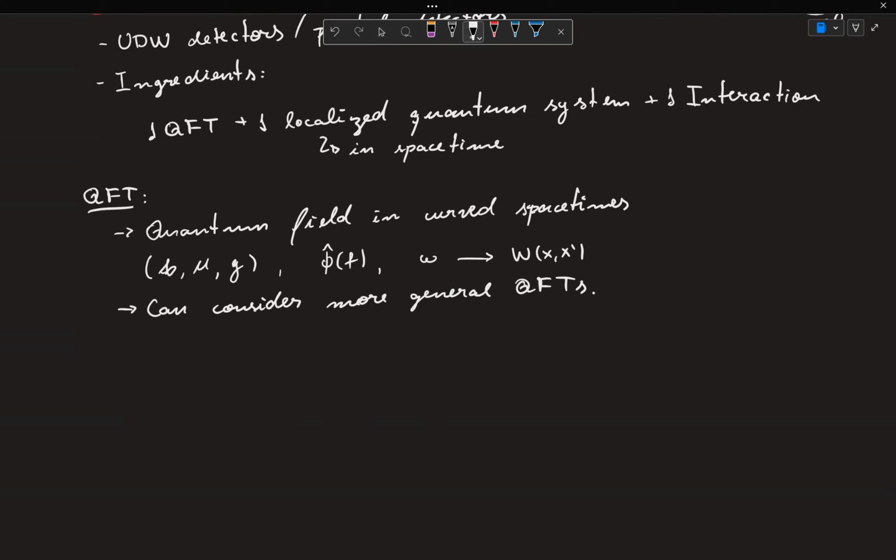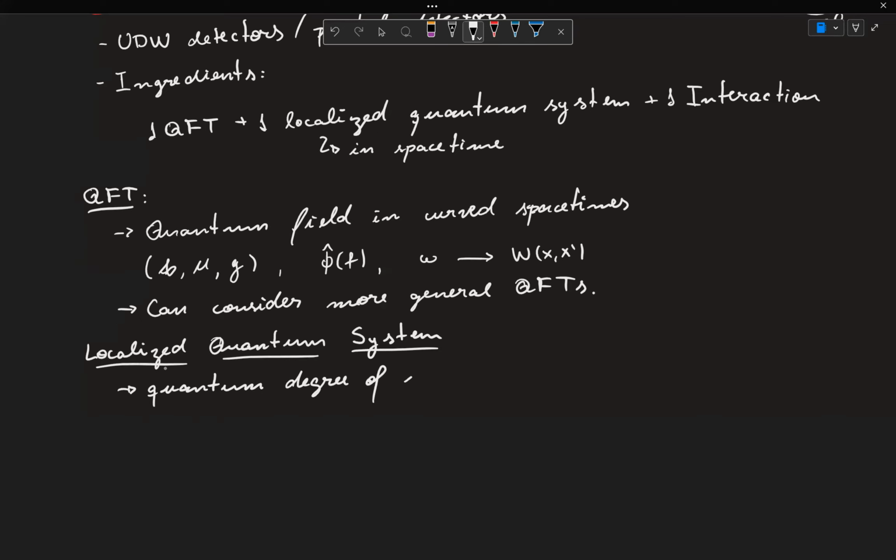That's the first ingredient. The second ingredient we need is a localized quantum system. There are many descriptions for a localized quantum system that we can employ. But basically, the key thing here is that we need a quantum degree of freedom which is localized.